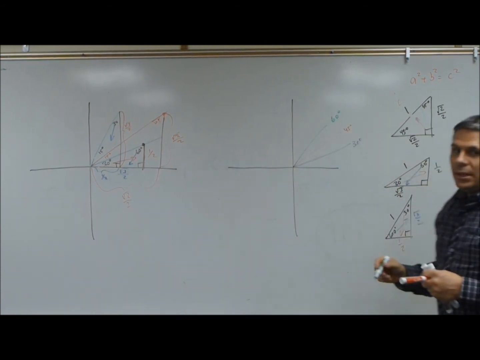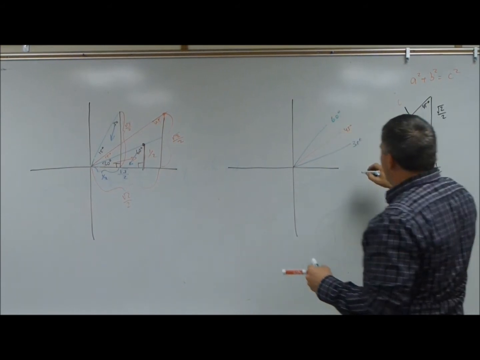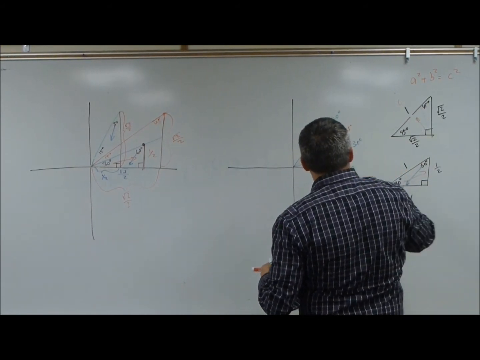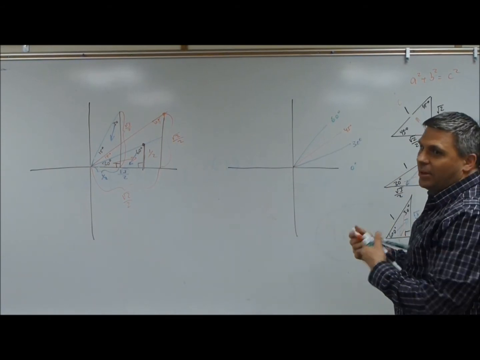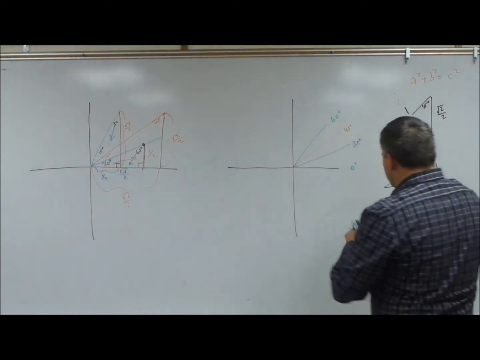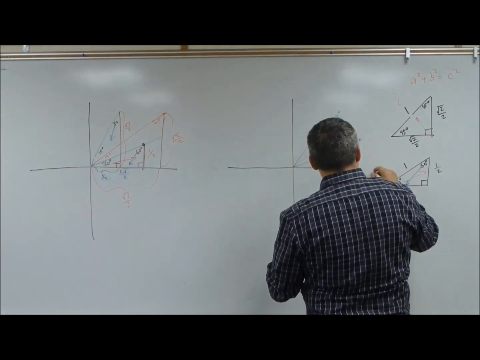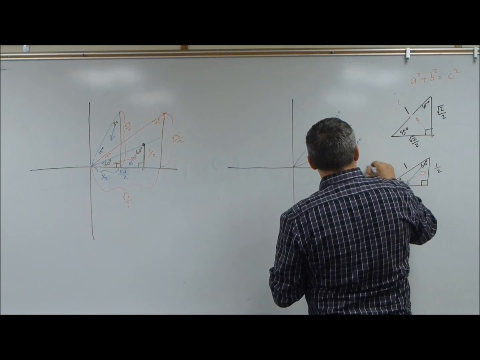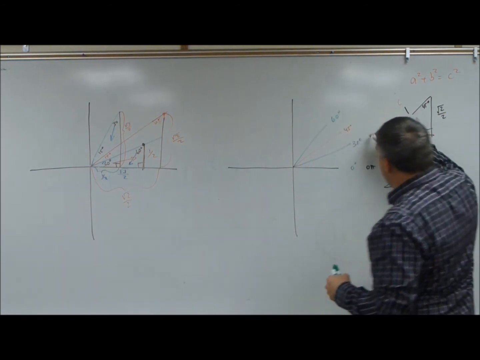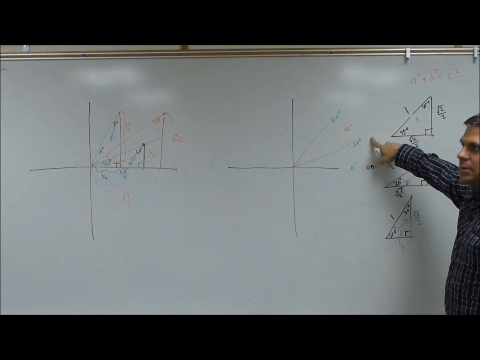Okay? And so, what are these going to be? Well, in degrees, this is 0 degrees. But then in pi, it's going to be 0 pi, right? So 0 pi. I'm going to do radians in black. So 0 pi. And then here is going to be what again?